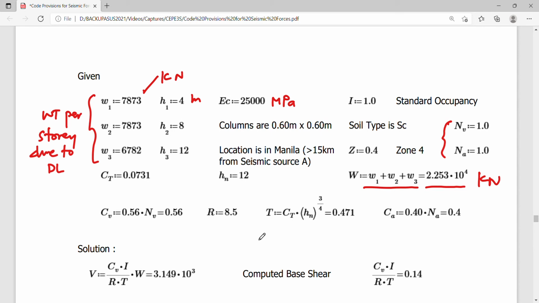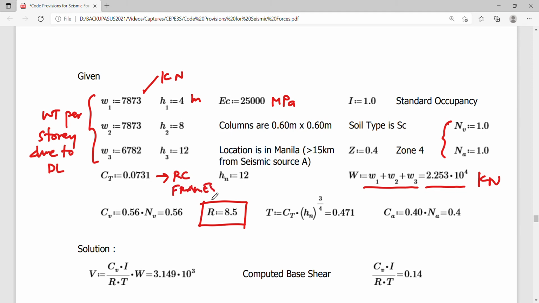Okay, R and T are obtained. Of course, R is simply obtained from the table, while T is obtained from the formula CT HN to the 3/4. Okay, CT is fixed as a constant, 0.07314 for RC frames.